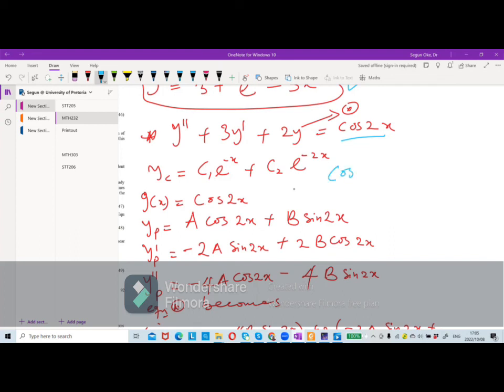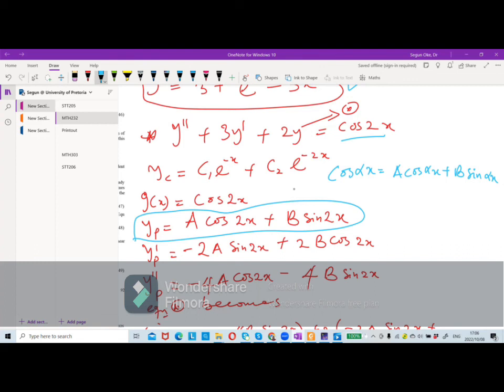We say cos alpha x will be a cos alpha x plus b sine alpha x. But we are dealing with cos 2x, so it will now change to this. Please take note. But we don't know a and we don't know b.